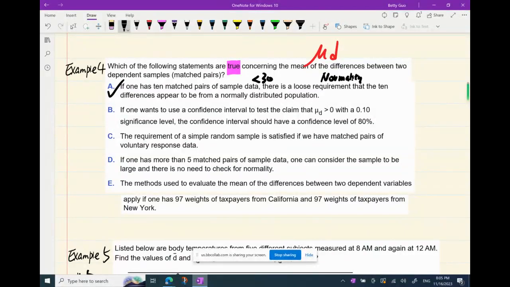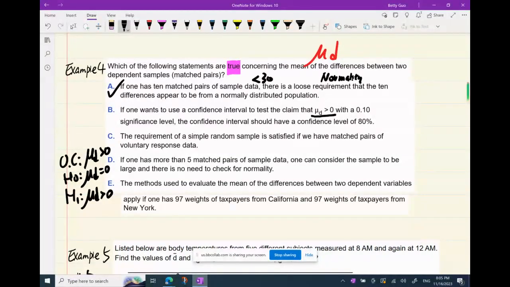This is correct. B. If one wants to use a confidence interval to test the claim mu sub D is bigger than 0. If the original claim is mu sub D bigger than 0, then the null would be mu sub D equal to 0, and the alternative would be mu sub D bigger than 0. After 2 chapters doing the same thing over and over again, you should get that done very quickly.